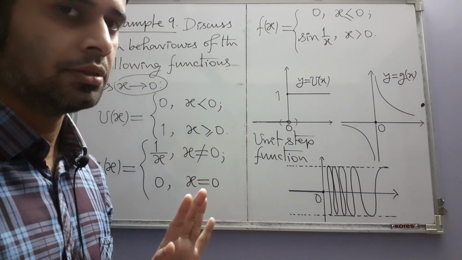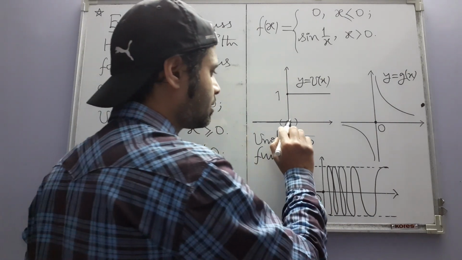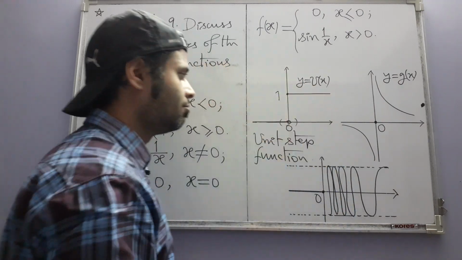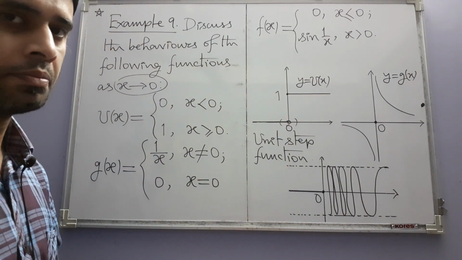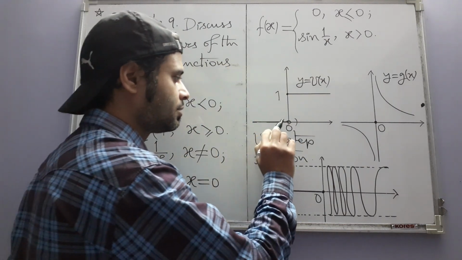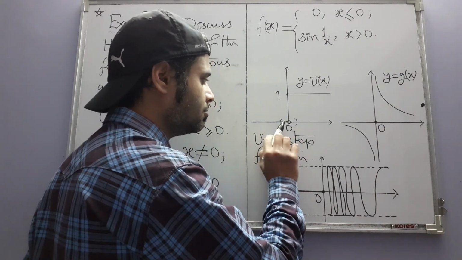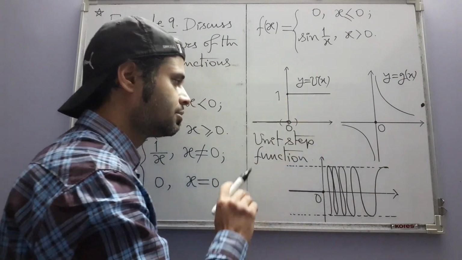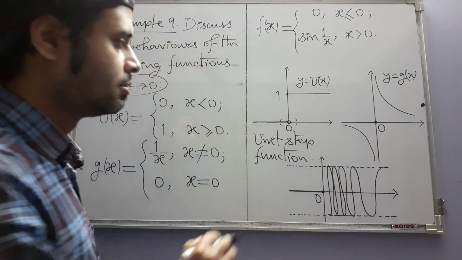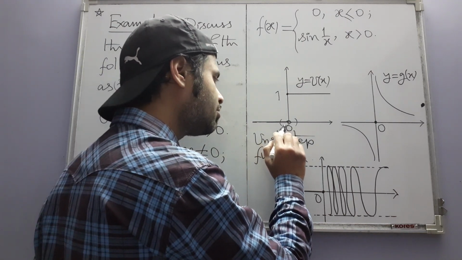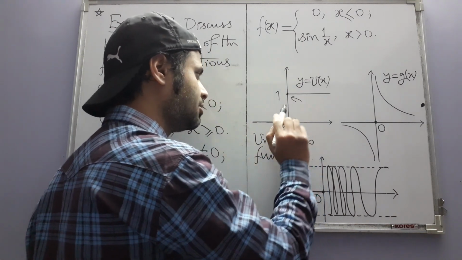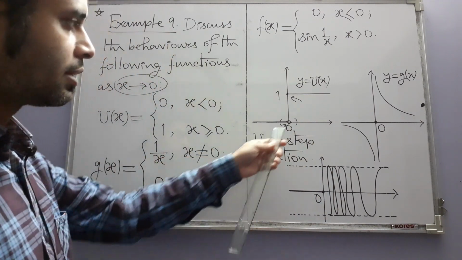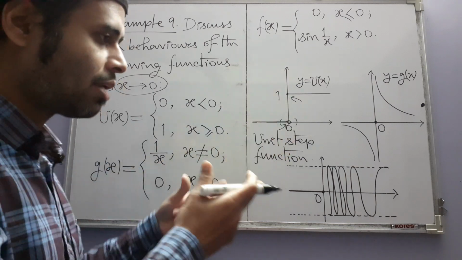So there is no limit, because if we want to have a limit, all the values should approach one single value. That is not happening here. Although one can say that half of the values behave one way and the other half behave another way, so one can say that the left hand limit is 0 and the right hand limit is 1, right now we have not got those concepts, so we are just talking about limit, and there is no single value to which all the values are approaching.